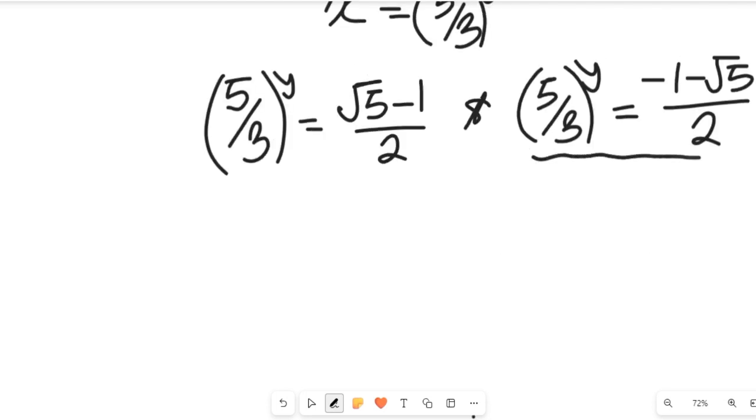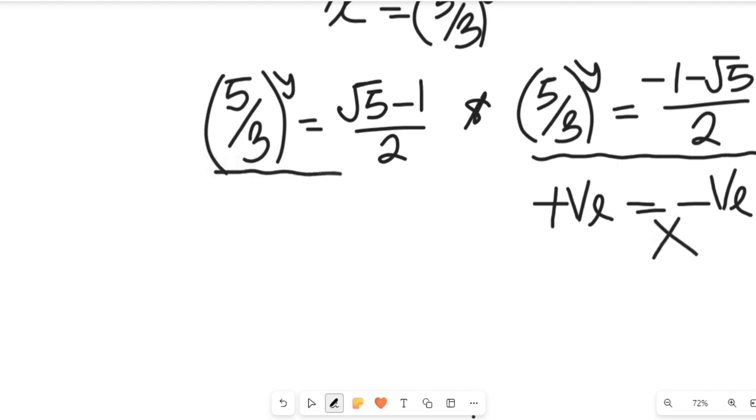From this part of the expression, we'll come to see that for all values of y, this side of the equation will always give us a positive result, while this other side, if we simplify it, will have a negative result. So mathematically, positive cannot be equal to negative. As a result of that, we'll neglect this result. So we're going to work with this to get the values of y.